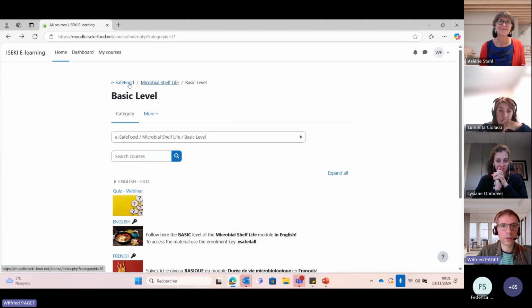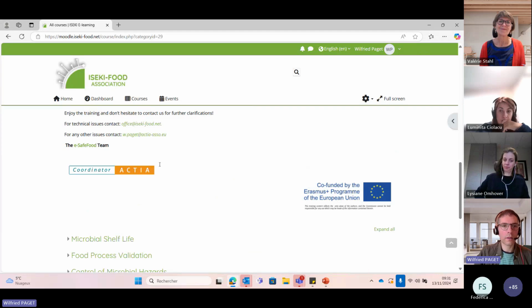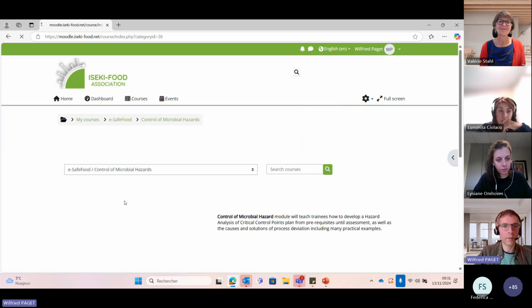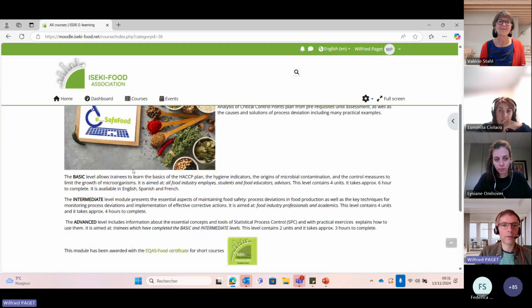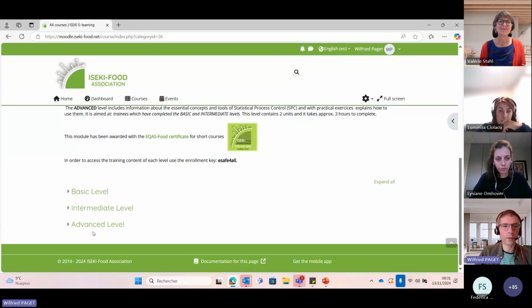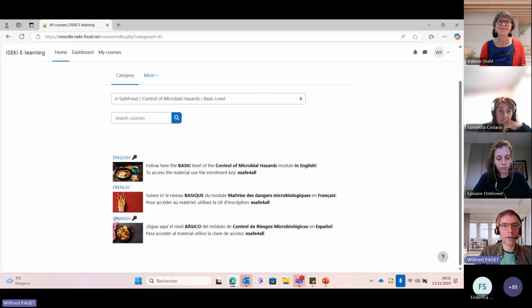So let's go back to the main page with the list of the 4 modules. Then we want to choose the control of microbial hazard module. Then you have the presentation of the module here with the 3 levels. We want to go to the basic level, so we click here. And then you have 3 languages available: English, French, and Spanish.